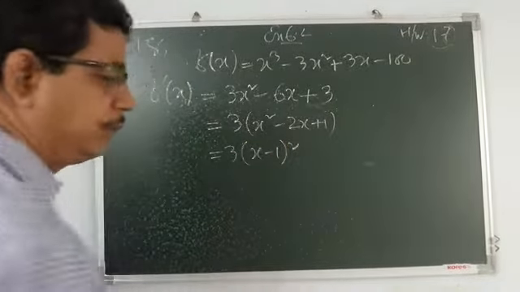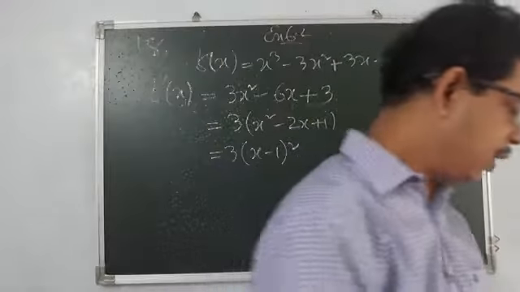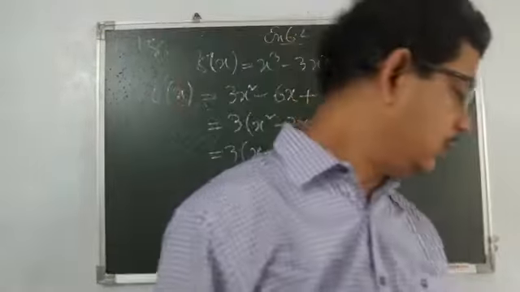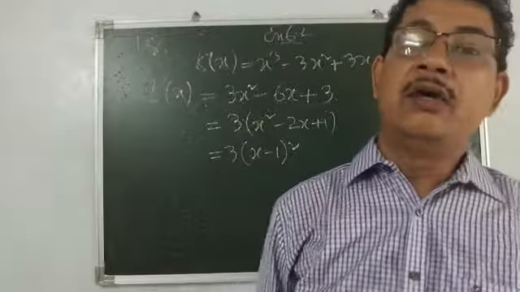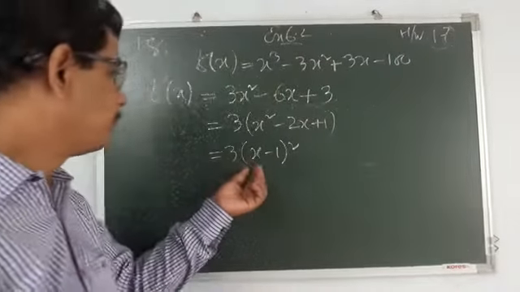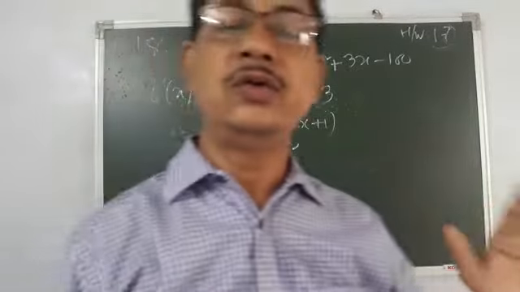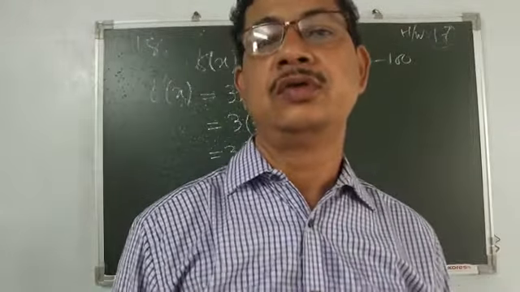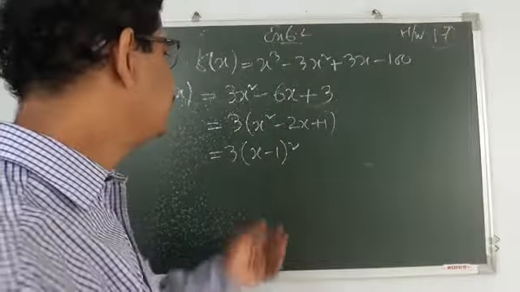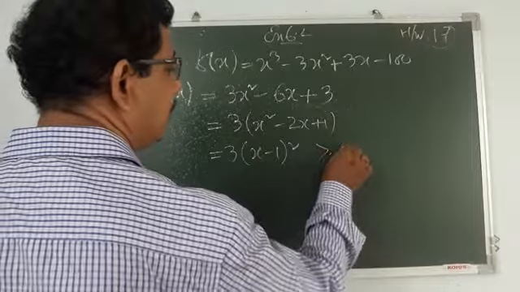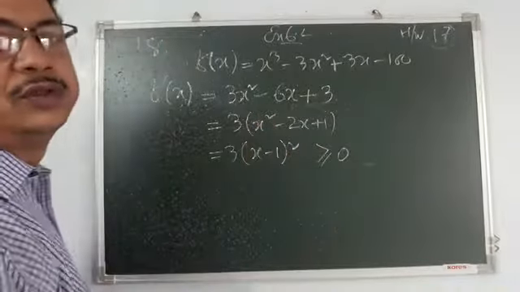Now see, (x minus 1) whole square: if you put any real value of x, then as it is a square term, what can it be? It is always positive. This is a perfect square, so it is always greater than or equal to 0. Its least value is 0.